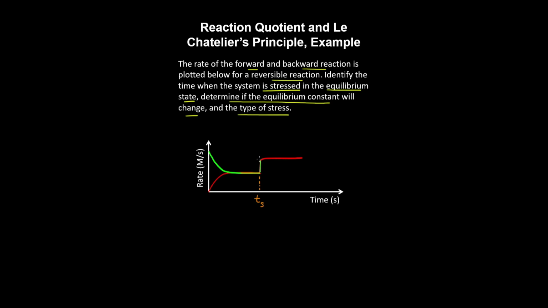And in this case, the equilibrium constant will not change because the rate of the forward reaction is equal to the rate of the reverse reaction at all times, since equilibrium was established. So there's no change in the equilibrium constant.